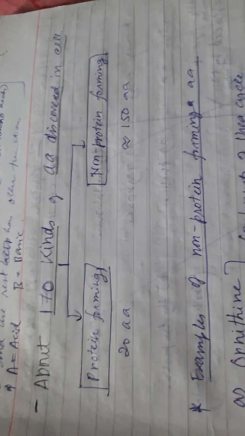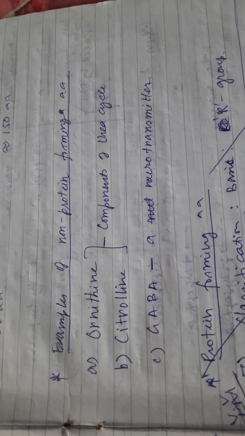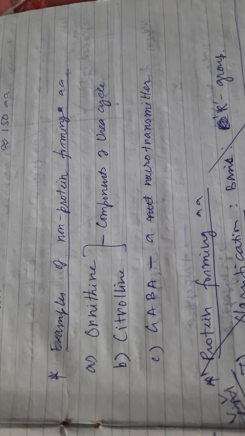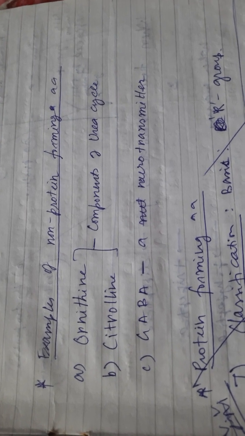About 170 kinds of amino acids have been found in the cell, just 20 commonly form proteins, and non-protein forming ones are around 150. Some examples of non-protein forming amino acids: ornithine and citrulline, which are components of the urea cycle, and GABA, which is a neurotransmitter.